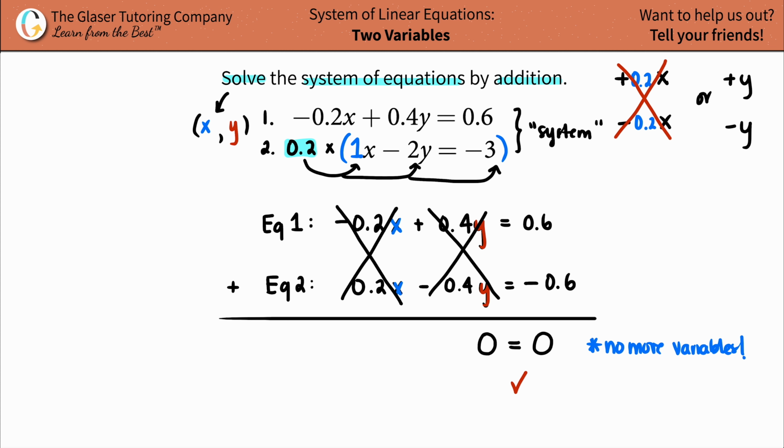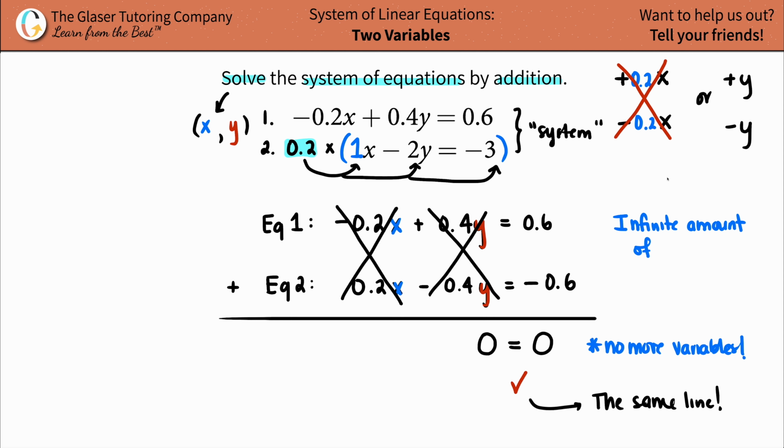If this makes sense, that means they are the same line. There is nothing different between these two equations. It is the same equation. It's the same line. Which means that in terms of the solution, you actually have an infinite amount of solutions, because every single point on that line is a solution.